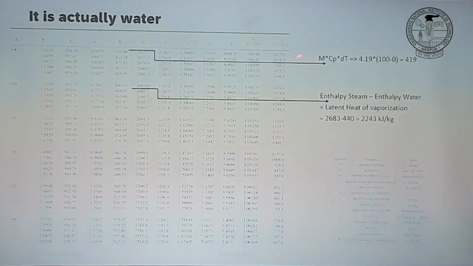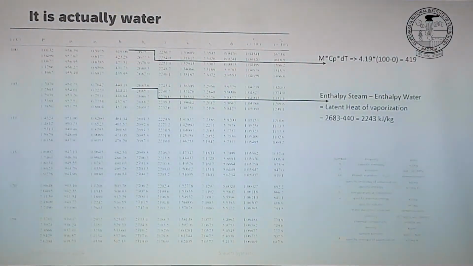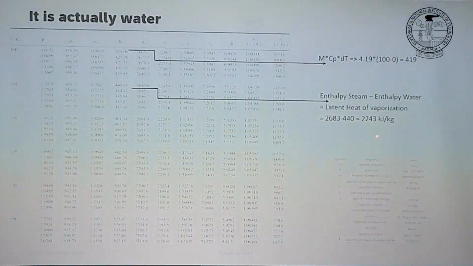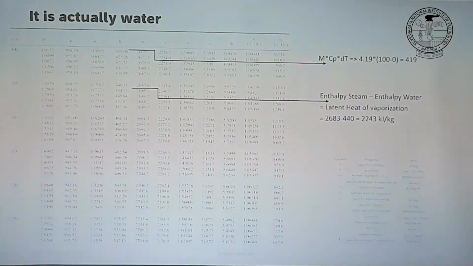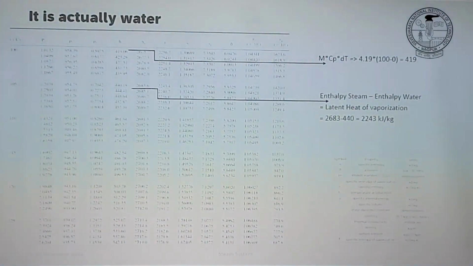Like Cp for water is around 4.2, it's somewhere around 1.92 for steam. Similarly, if you have superheated steam, enthalpy of your saturated steam plus m Cp dT, whatever temperature you are superheating above saturation temperature, that will give you enthalpy of superheated steam, right?